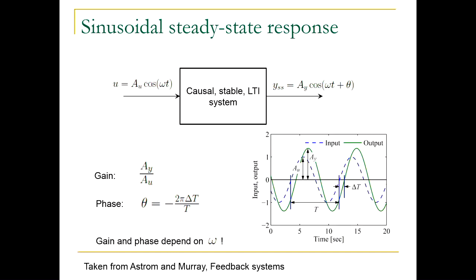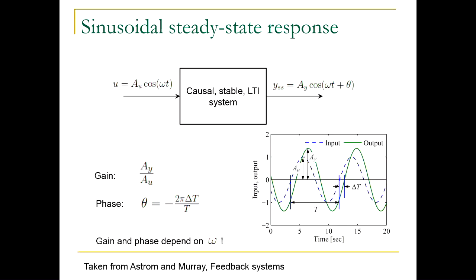In nonlinear systems, the output in steady state can contain multiple frequencies. So this property, that in steady state you get a sinusoidal output at the same frequency, maybe different amplitude, different shift, is a property of linear systems, right? And nonlinear systems typically don't have this property.